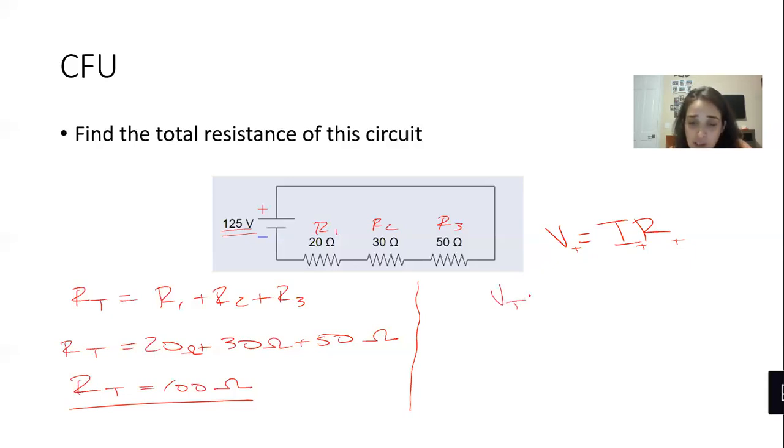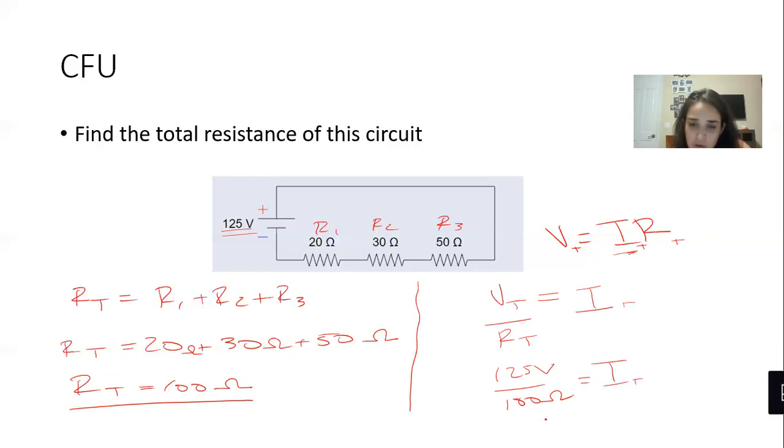My voltage is equal to my current times my resistance, but since I'm trying to find current, I'm going to divide both sides by R. So voltage divided by resistance equals my total current. Now I can just plug in numbers. 125 volts divided by my total resistance, which is 100 ohms, equals my total current.